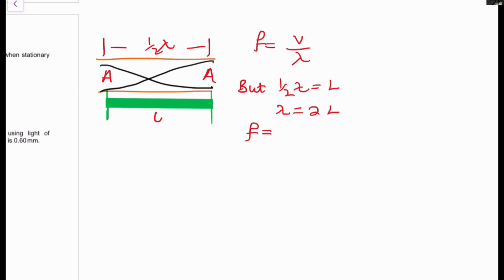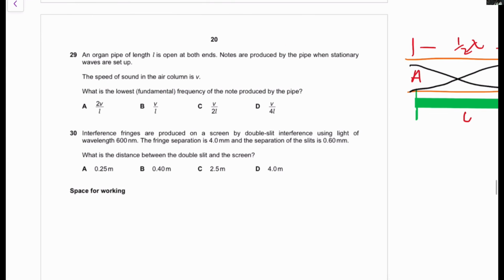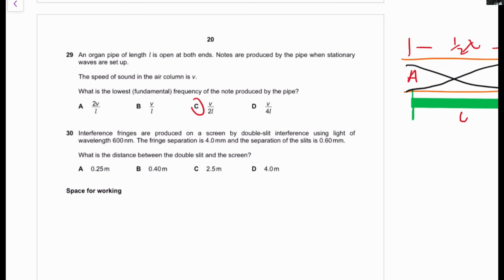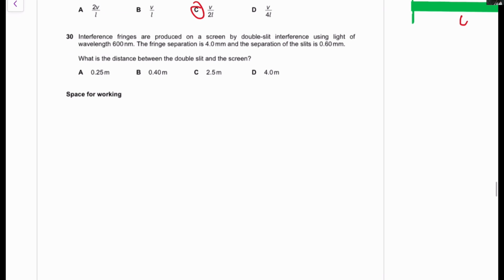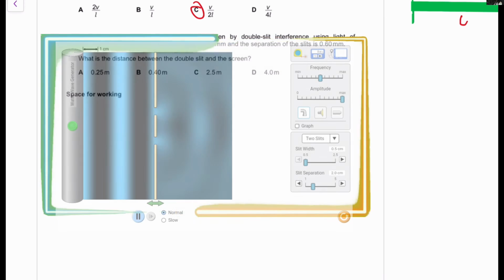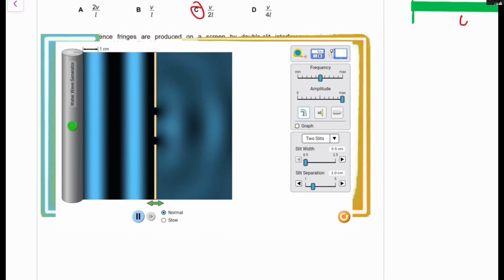Therefore, f will be equivalent to V divided by 2L. This is going to be the calculation for you to find the frequency. Once you have that expression, look for the answer which gives you that, and that's going to be C. Very important.